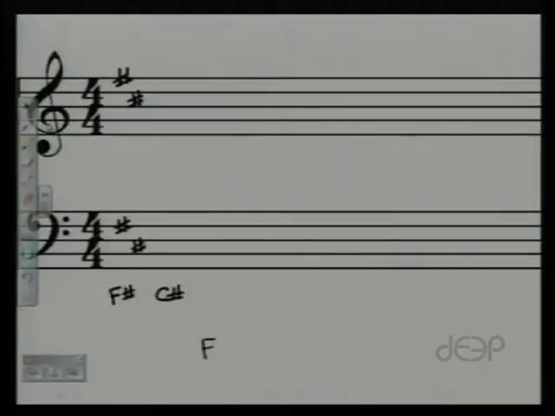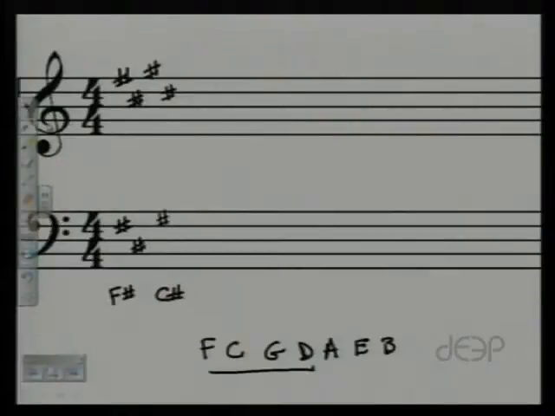The order is F, C, G, D, A, E, and B. So if there are four sharps in a key signature, those four sharps are always F, C, G, and D. If there are five sharps in the key signature, it's F, C, G, D, and A. Hopefully you follow that and understand what we're doing there.